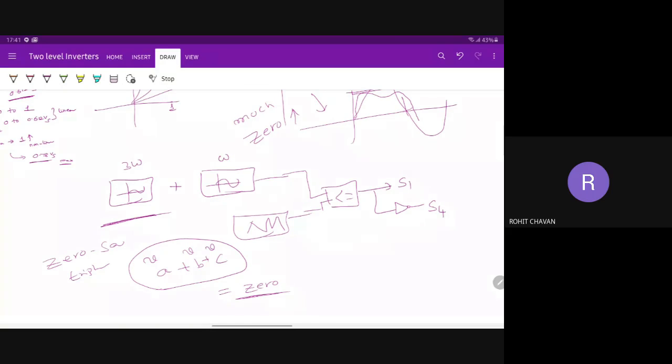Triplet harmonic or zero sequence harmonic both are the same, the other name for triplet harmonics is zero sequence harmonics. The wording is different, but they are identical.